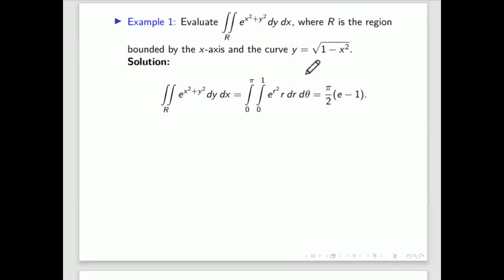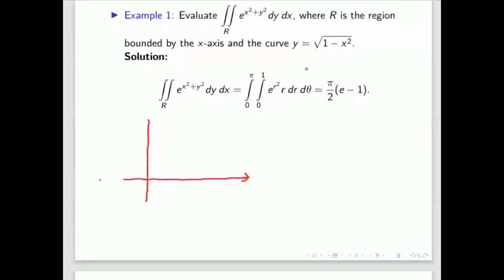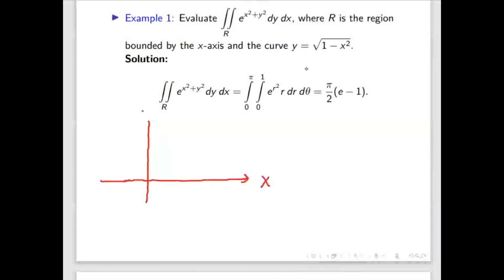It is bounded by the x-axis and this curve. What will this curve represent? It will represent a circle with center 0, 0 and radius 1. From here we get y square plus x square equal to 1. But y is positive, that means it will give the semicircle, the upper part of the circle only.